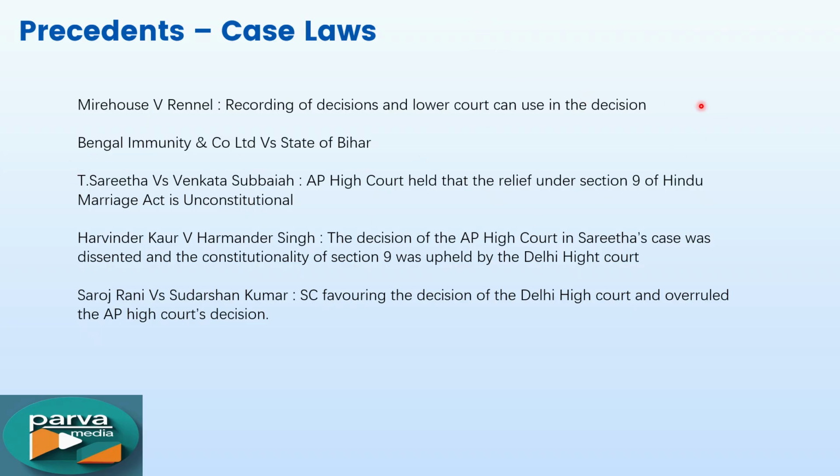So the recording of the senior courts' cases will help as a precedent for their decisions. Then Bengal Immunity Company Limited versus State of Bihar, a pivotal Supreme Court case that reinforced the supremacy of the Constitution. It clarified that no state legislation can override the constitutional provisions, especially in matters of interstate trade, commerce and Article 286.